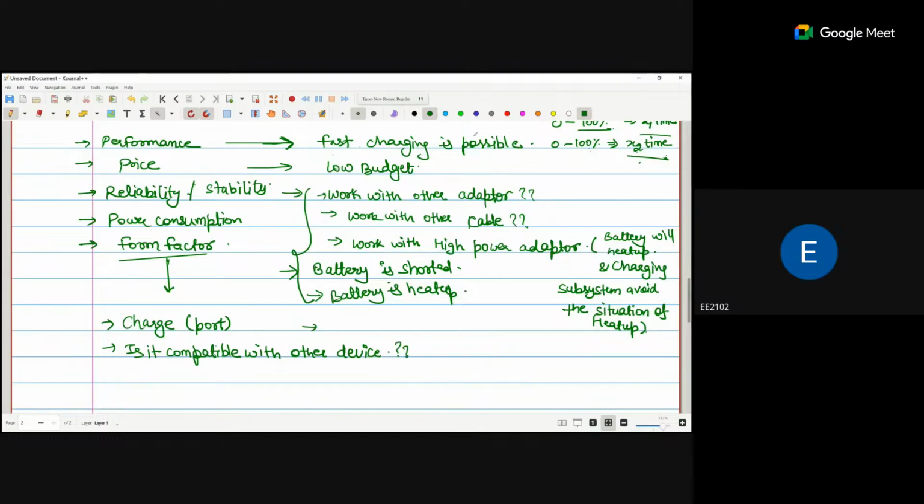I think you are aware that initially in the Apple phone, one lightning cable is coming.